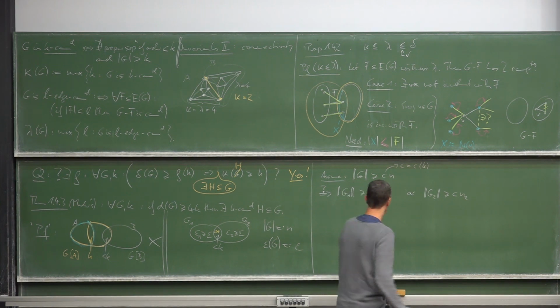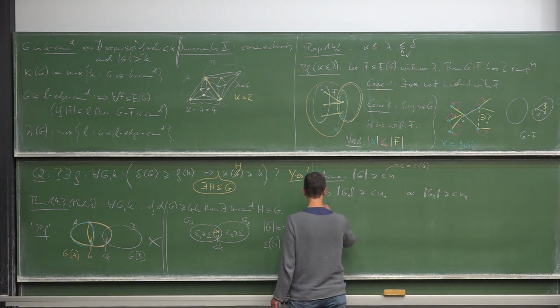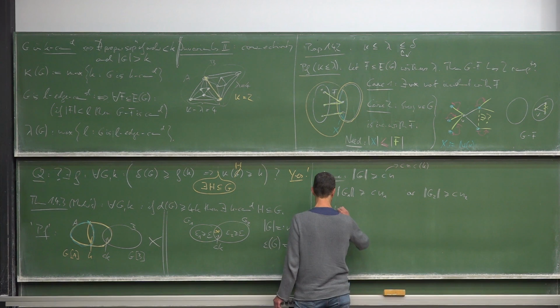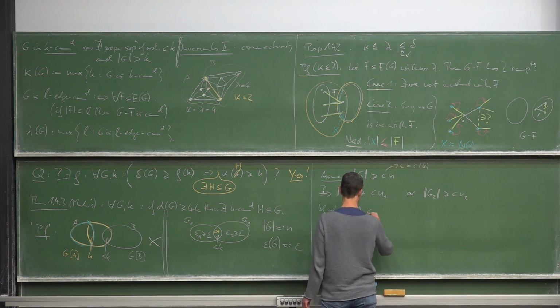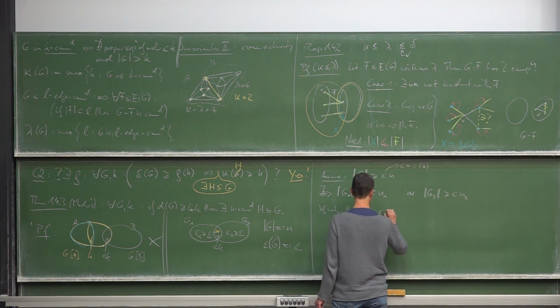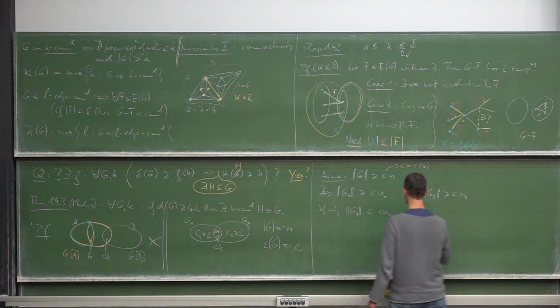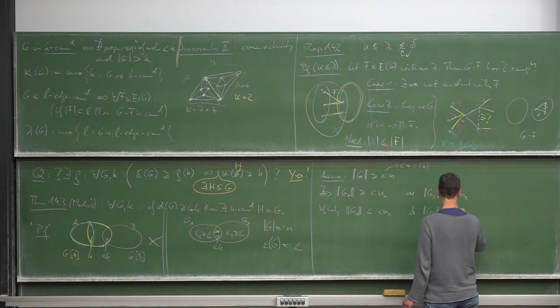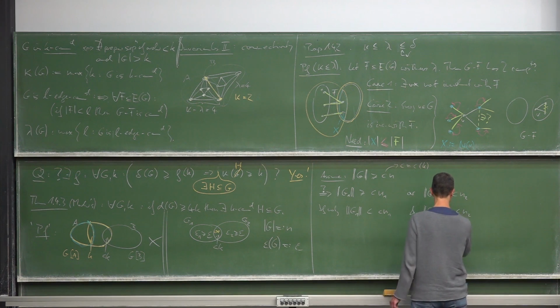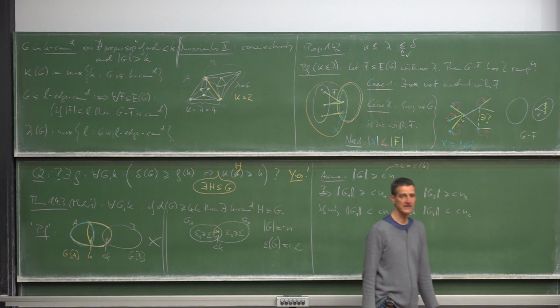Okay. Well, so does that follow? Well, if not, then both these are false, and G2 has strictly fewer than Cn2 edges. Right, and now we want a contradiction.